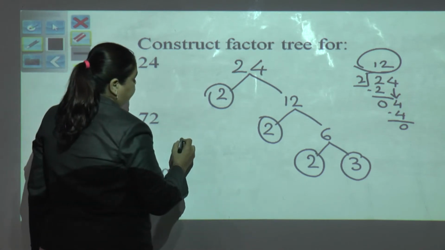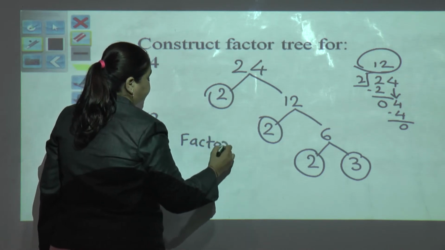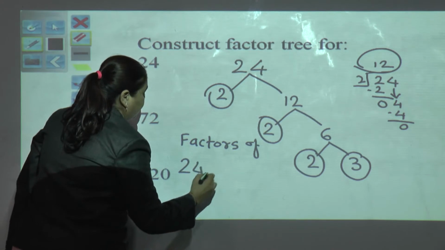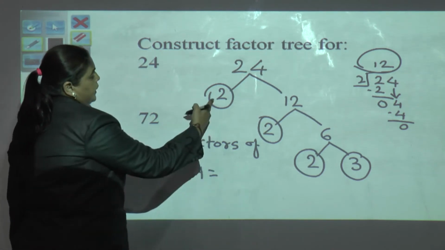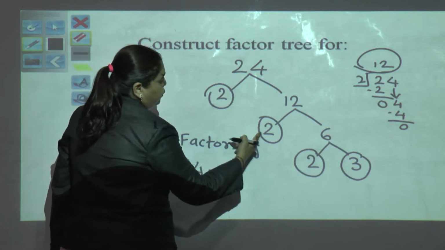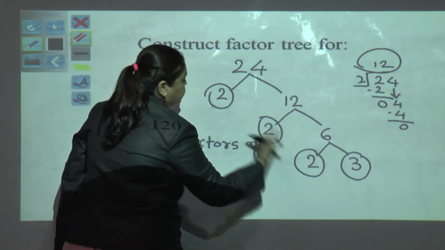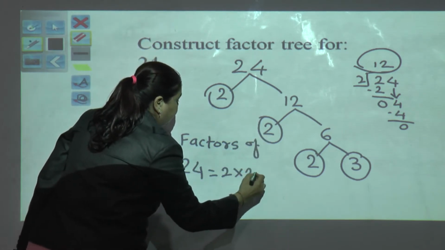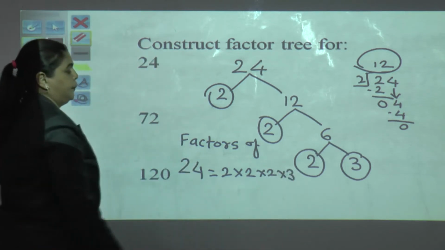So we can write that the factors of 24 are equal to 2 multiplied by 2 multiplied by 2 multiplied by 3. How many times is 2 there? 3 times. I can count and write here 2 multiplied by 2 multiplied by 2 multiplied by 3 is 1 time.